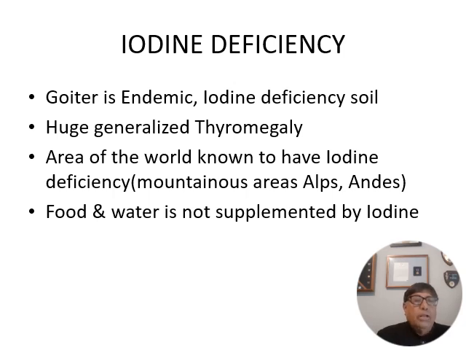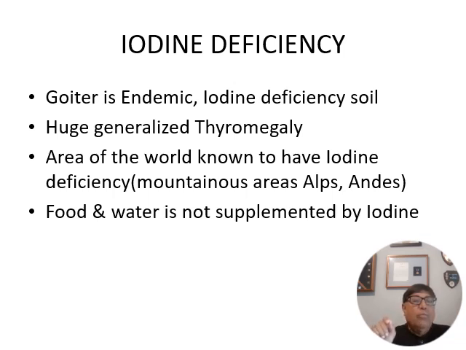So, iodine deficiency goiter is the number one cause of goiter or thyromegaly in the world. Very important. Read the question carefully. The most common cause of goiter in the world is iodine deficiency. Not your Hashimoto's thyroiditis or Graves' disease, iodine deficiency.